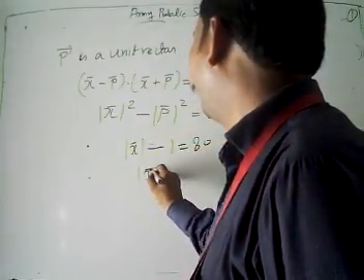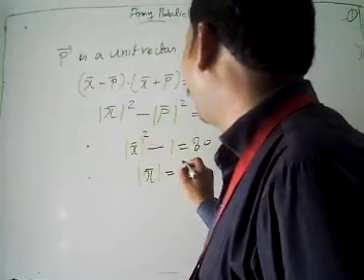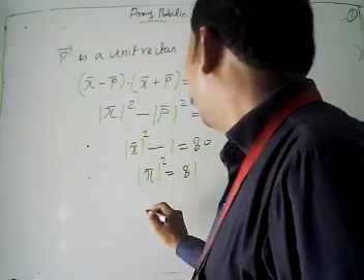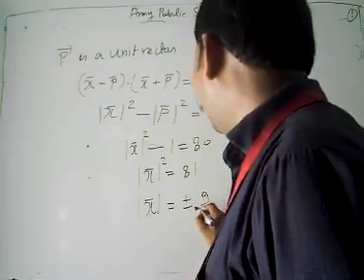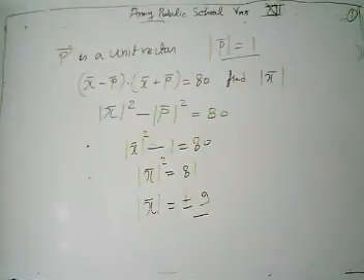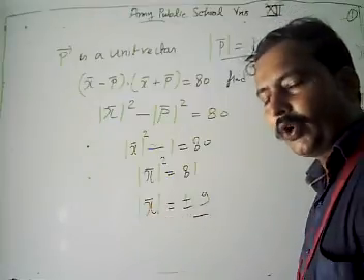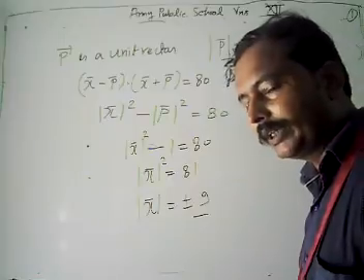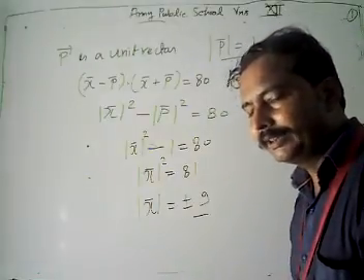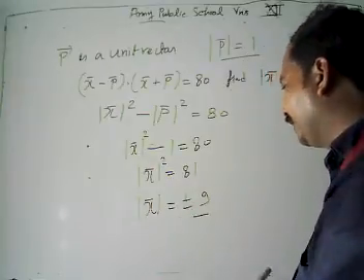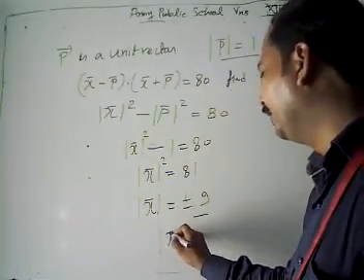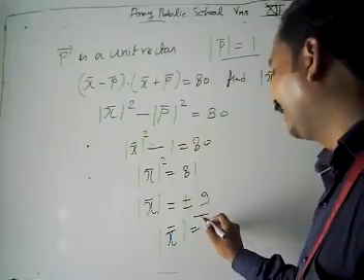Then x square is 81. Then the magnitude of x is plus minus 9. But obviously we are just talking about the magnitude and the length of the given vector. We can take only the positive sign, because length cannot be negative.